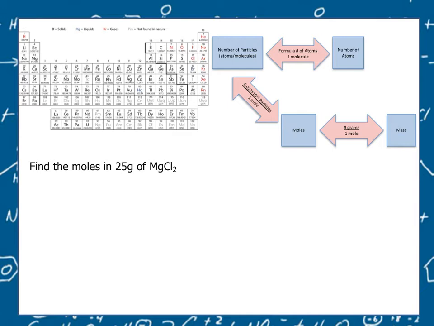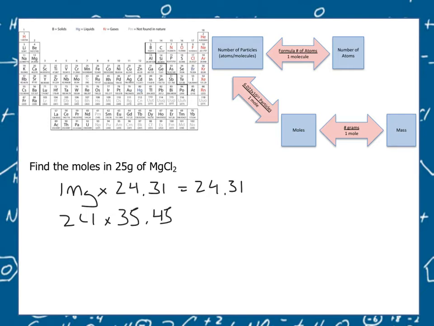So I'm going to start in this compound. I have 1 Mg times its atomic mass. My habit is 2 decimal places, so 24.31. So that's just 24.31. I also have 2 chlorines times 35.45, and that equals 70.90.